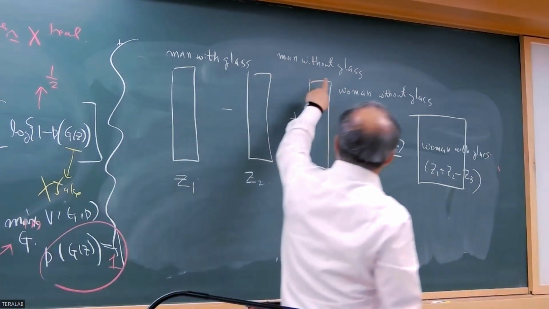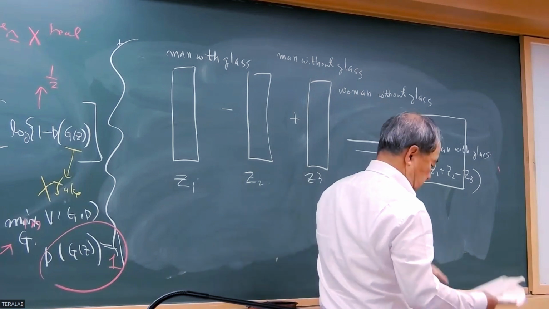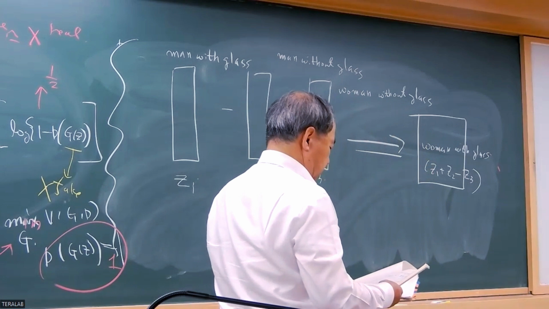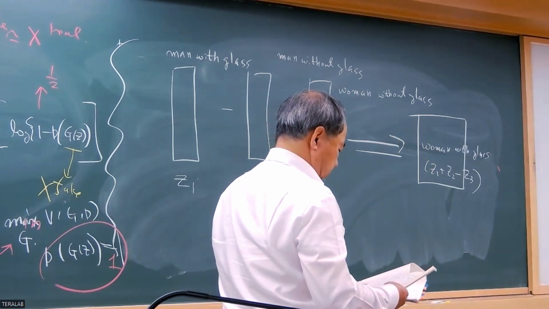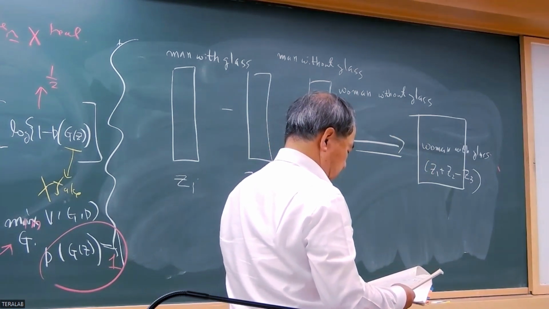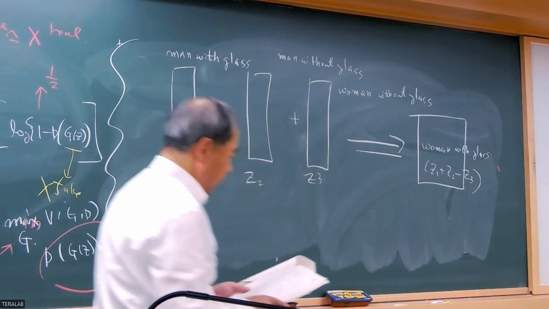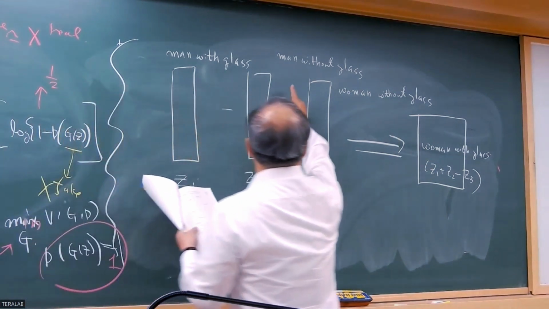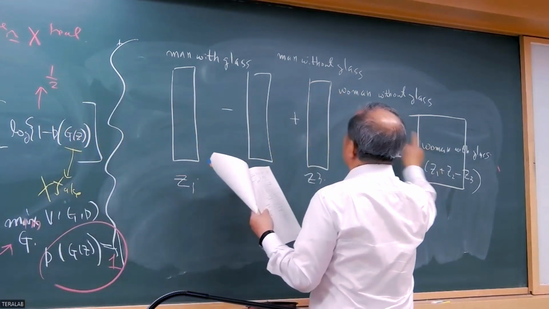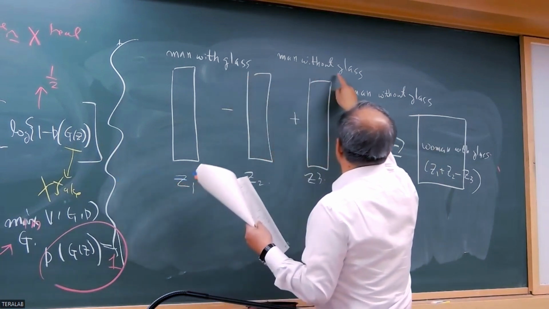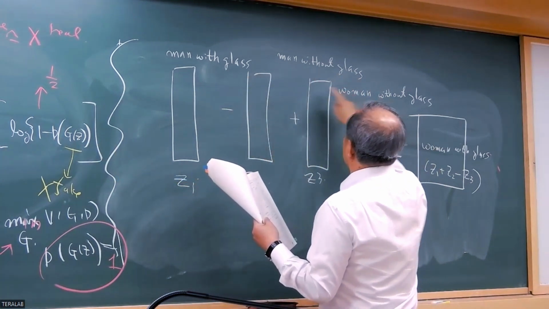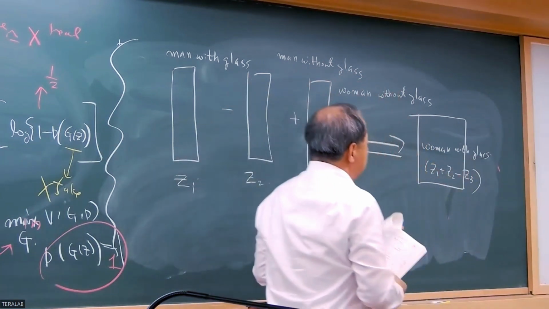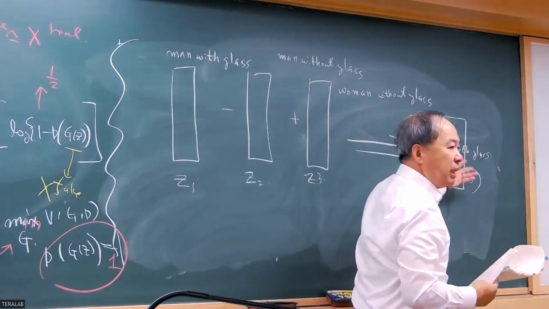So with glasses, without glasses, without glasses. Man minus man plus woman means woman. With glasses, without glasses, without glasses: minus plus, it cancels out and glasses will remain. So we're going to have new images, a woman with glasses.